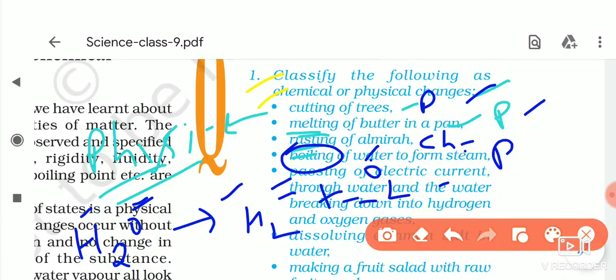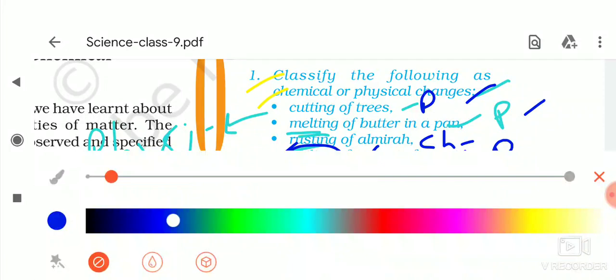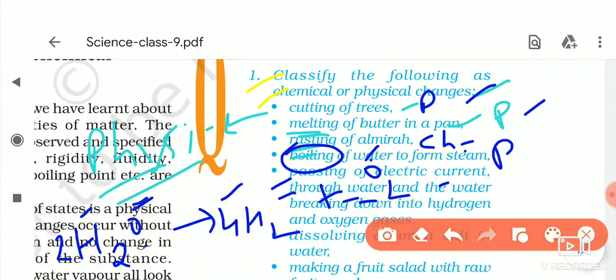Here 2 and here 1, so we just put 2. Now we get 4 hydrogen and 2 oxygen on both sides. Now it is balanced.